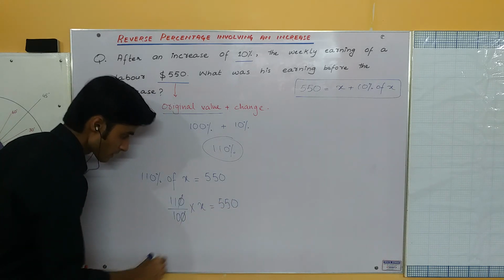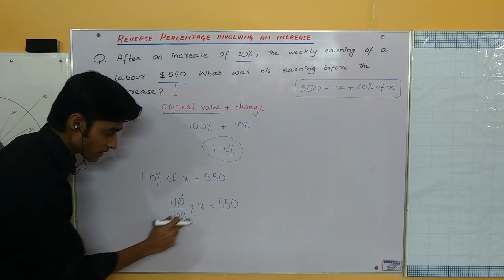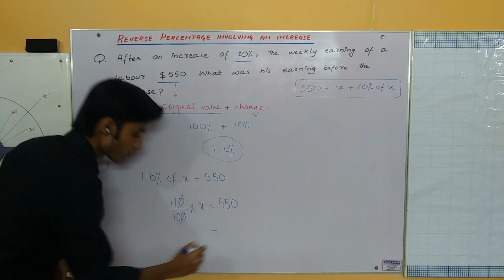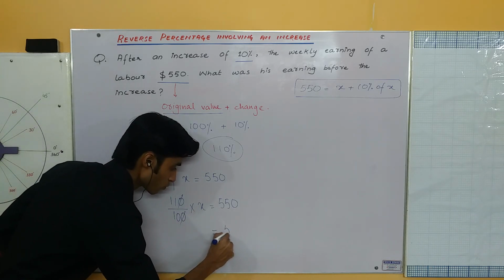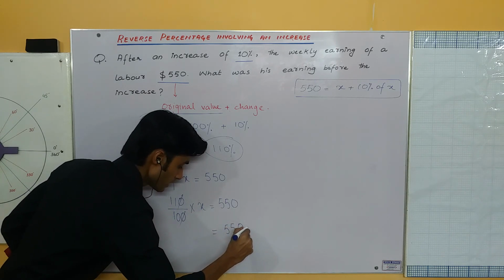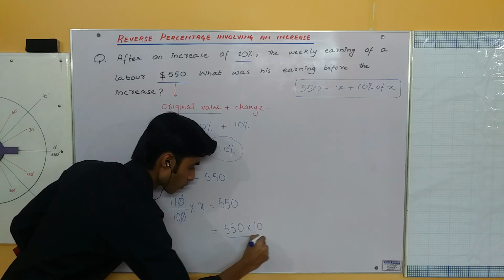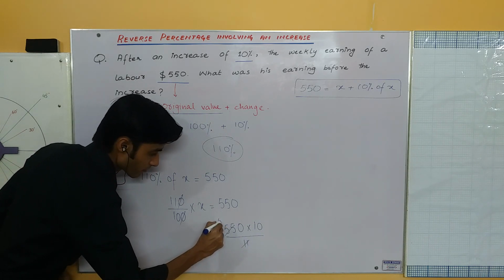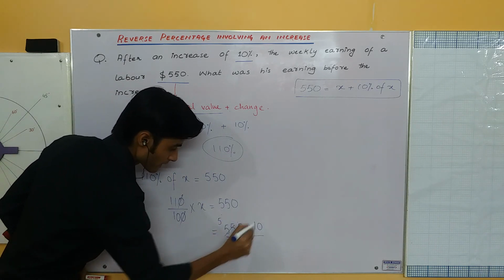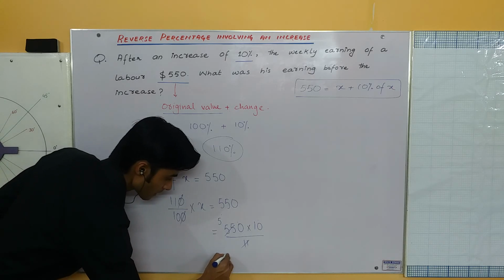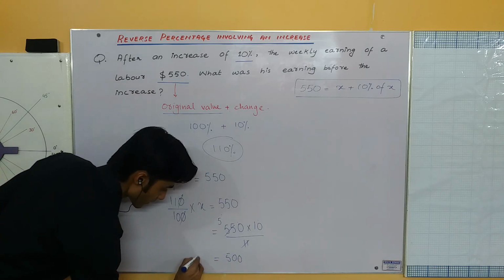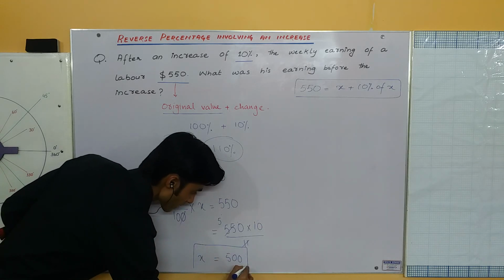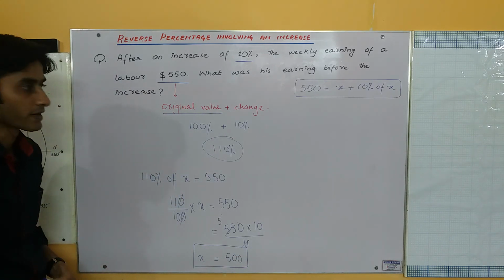Cancel this with this. What am I remaining with? 11 upon 10 multiplied by x. I need to find out the value of x. What am I going to do? 550 multiplied by 10 over 11. I can divide 11 and 55, 5, 0 and 10. 50 multiplied by 10 becomes 500. So his original salary was 500.